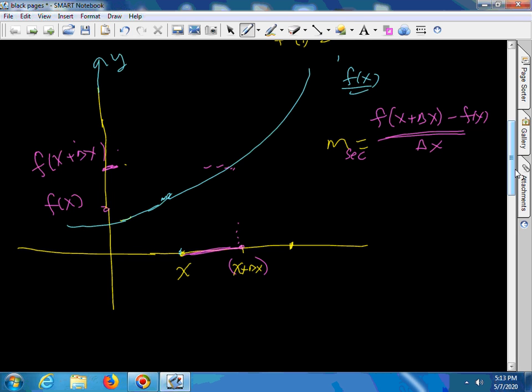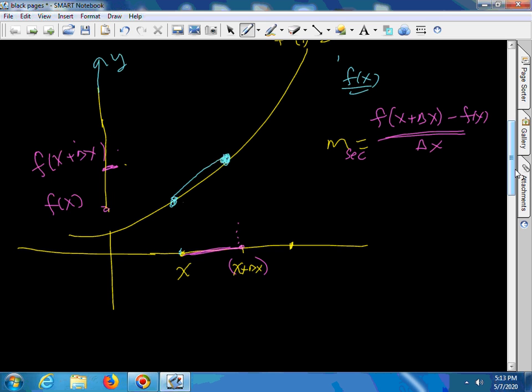We have this point, and we have that point. And I want to draw this curve a little bit steeper. We have this point and that point. And we want to calculate the slope of the line that connects these 2 points.